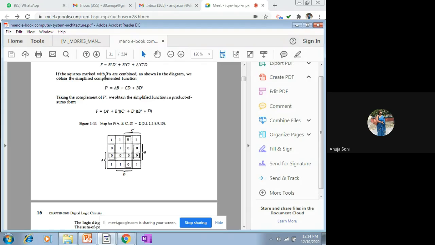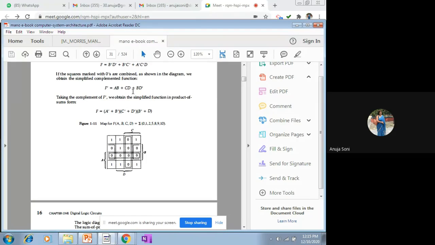In place of f you have to write down f dash, and you have to write down simply this expression by observation from this K map, and then ultimately again you have to take the complement on both sides in order to obtain the value of f. As and when you take the complement on both sides, on the right hand side you have to apply De Morgan's law.